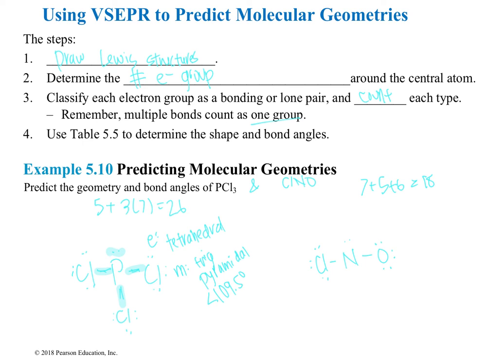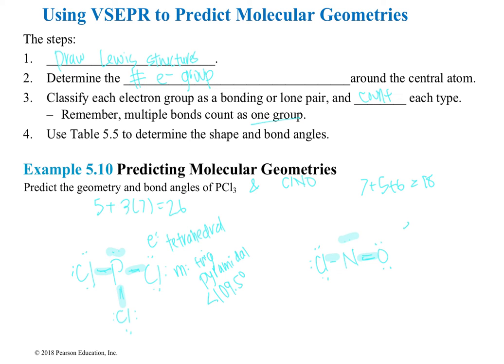Nitrogen does not have an octet, so we'll remove one lone pair from oxygen and put it here. Now I know to remove it from oxygen because I know oxygen likes 2 bonds, which gives it a formal charge of 0, having 2 bonds and 2 lone pairs, but you can try different ones, just remember formal charge. So in this case we have 1, 2, 3 groups.